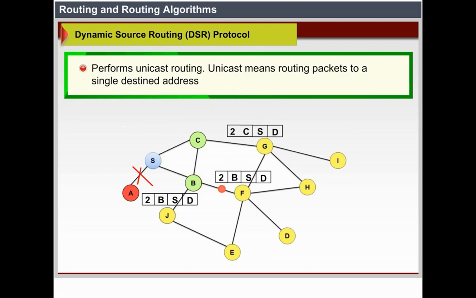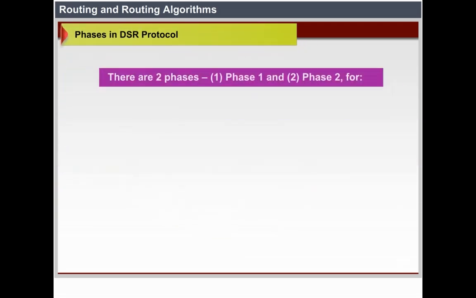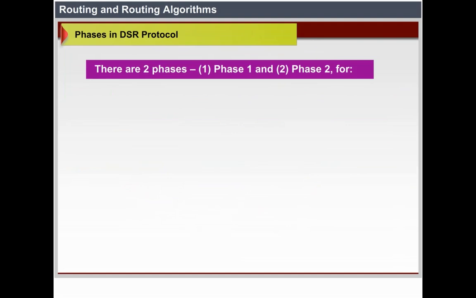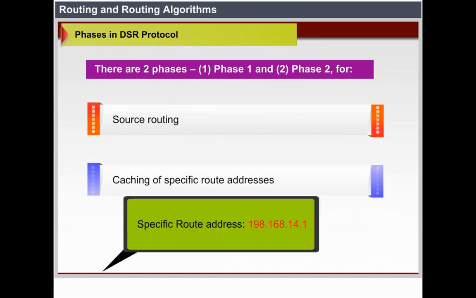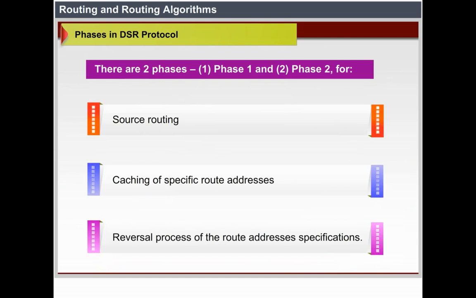Performs unicast routing. Unicast means routing packets to a single distant address. Phase in DSR protocol: there are two phases, phase 1 and phase 2 for source routing, caching of specific route addresses, reversal process of route address specifications.